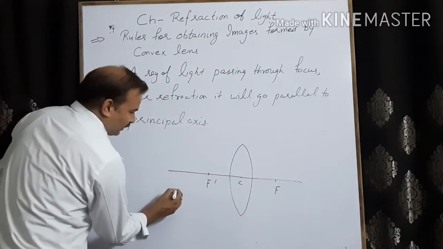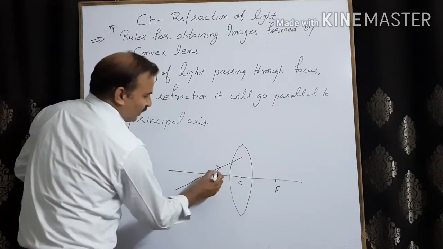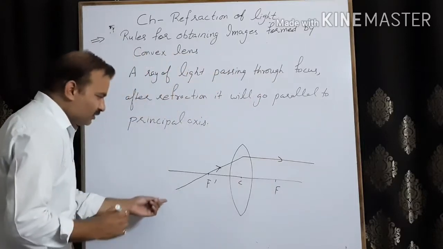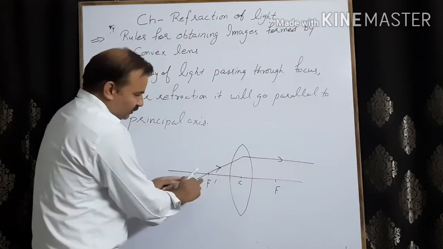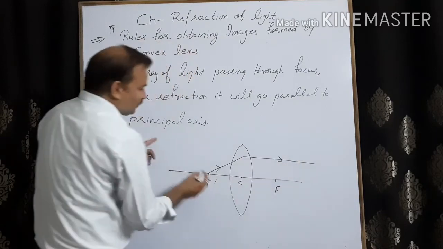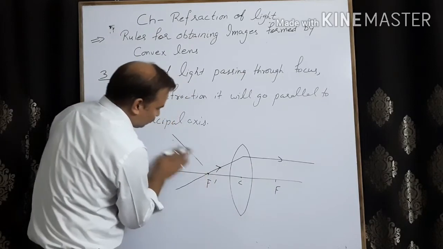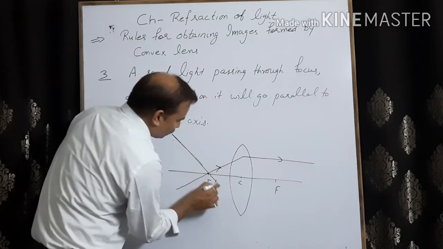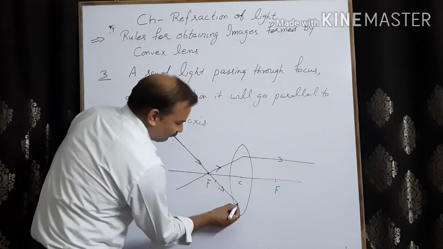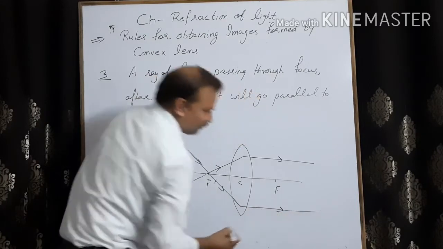A ray of light passing through the focus will, after refraction, go parallel to the principal axis. If the ray is going from down to up, passing through this focus, it will then go parallel. If a ray of light is coming from up to down, passing through this focus, then after refraction it will go parallel to the principal axis.